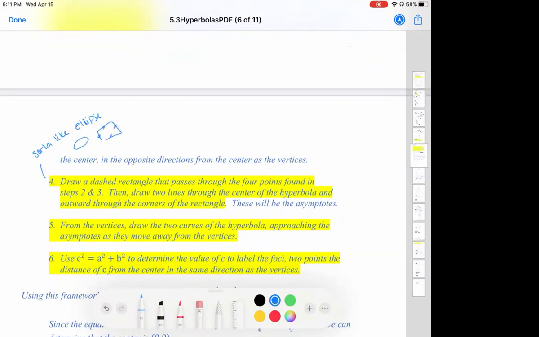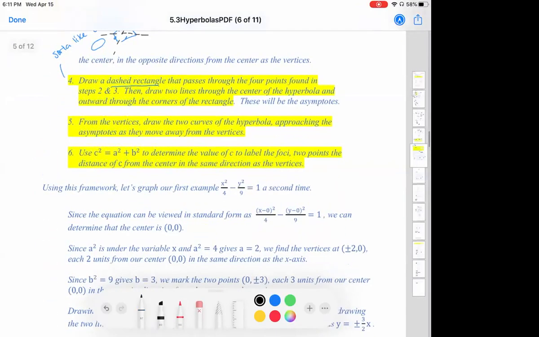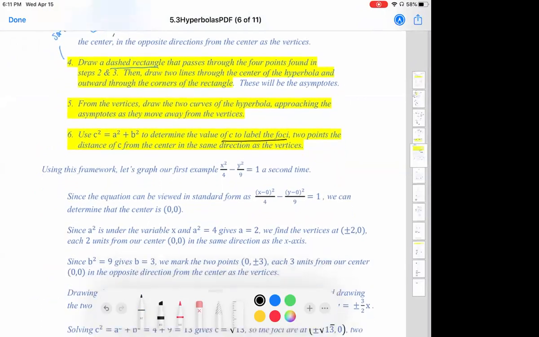Step 5, draw two lines through the center of the hyperbola and outward through the corners of the rectangle. So from the rectangle you drew, use the corners to draw those slopes. Step 6, use c squared equals a squared plus b squared to determine the value of c to label your foci. These are two points a distance c from the center, in the same direction as the vertices.